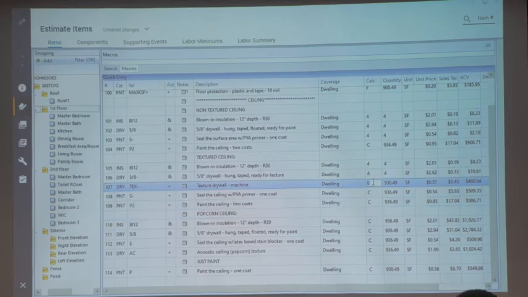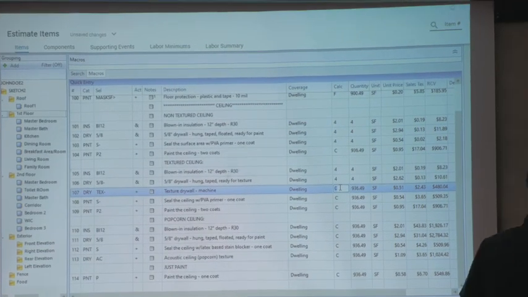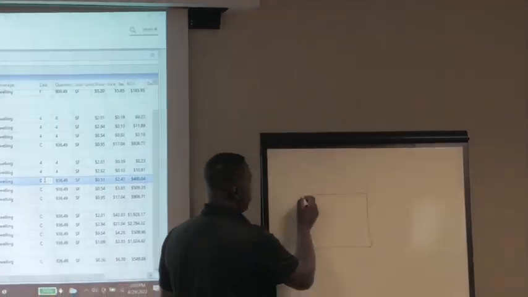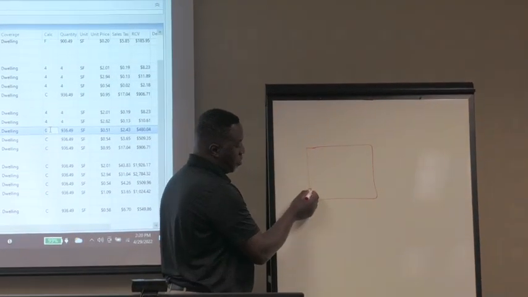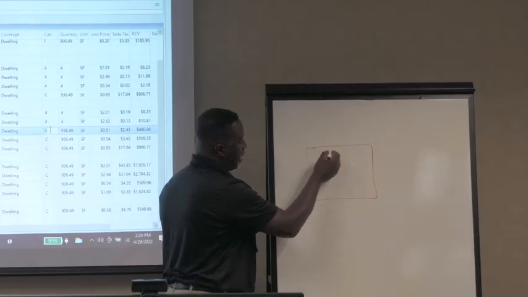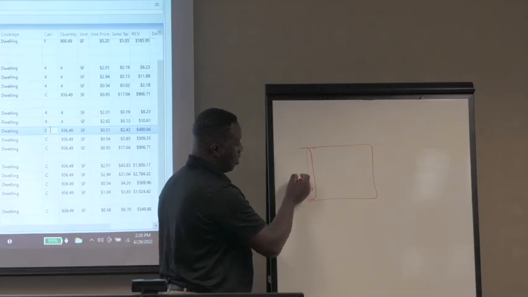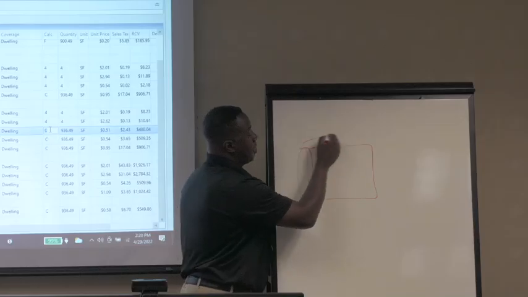We're going to texture only that wall, the entire wall that's damaged. Let me explain. I have a room, and I have damage on this wall. I'm going to repair this wall, but I'm going to texture this entire wall, and then I'm going to paint the entire room.